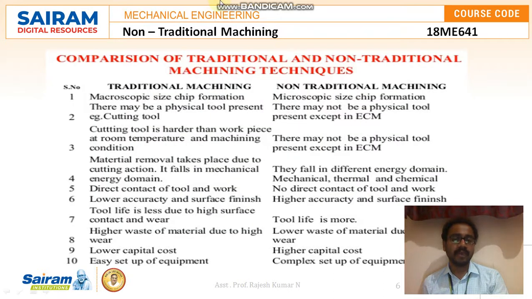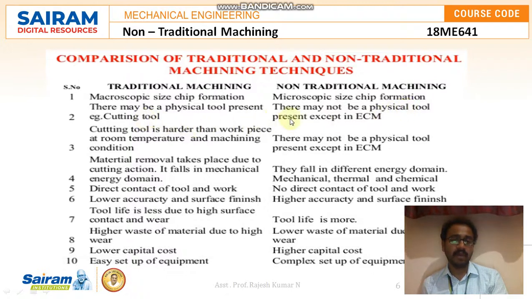Then moving to the last topic, which is a very, very important one: the comparison of traditional and non-traditional machining processes. You can see almost all these things we have discussed just now. Just quickly, we'll rush through. In the traditional machining process, there is macroscopic chip formation and there is a physical tool present, but in a non-traditional machining process, there is microscopic chip formation and there may not be a physical tool.